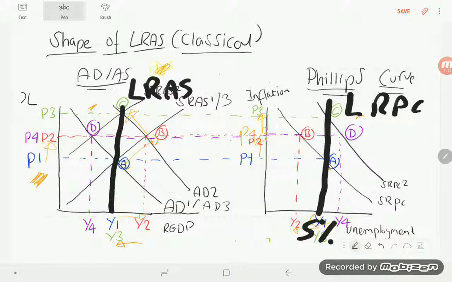So in other words, we get this boost from Y1 to Y2, but it's not going to stay at B. All that's going to happen is it's going to lead to higher prices. So when we're along the long-run aggregate supply curve, there's an equilibrium. But if we get to this point, there's a disequilibrium. We are not going to stay at this point. Prices are going to rise. Disequilibrium here, because we're below our full capacity, prices will actually decrease.